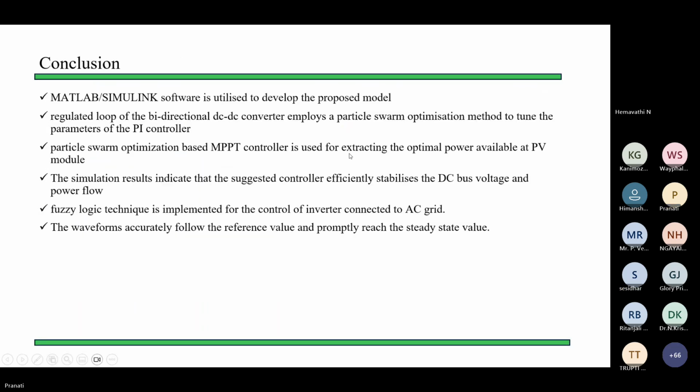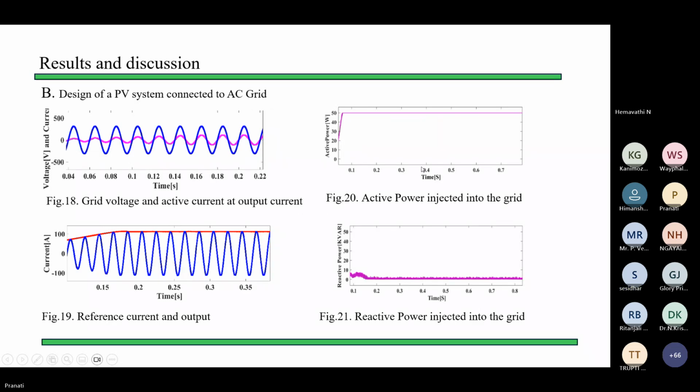Then this is the active power injected into the grid, and this is the reactive power injected into the grid. Now, active power, we can see that we have taken a 50 kilowatt PV system. Active power reaches 50 kilowatt with a little bit of delay.